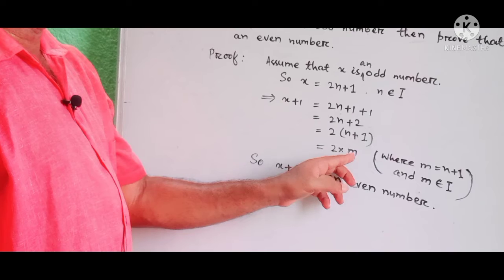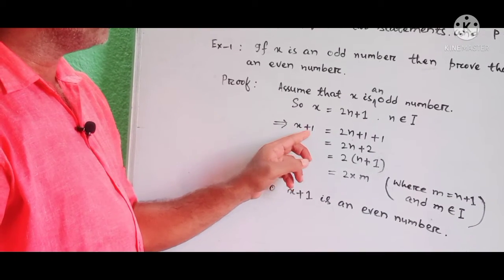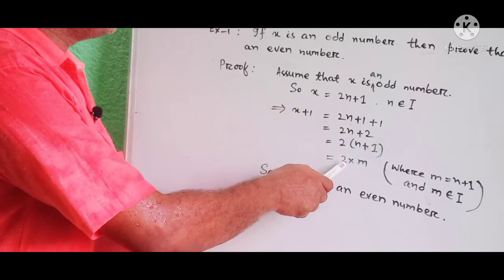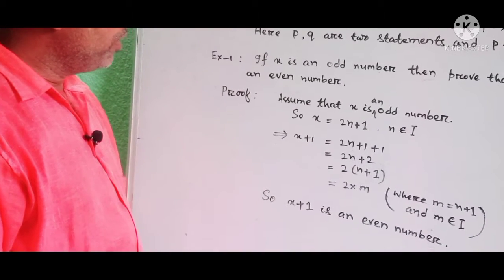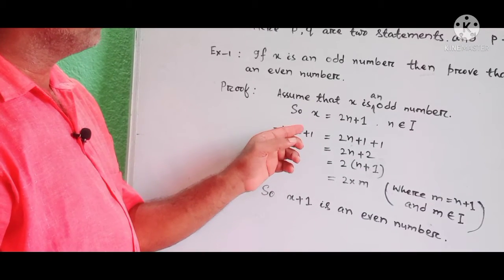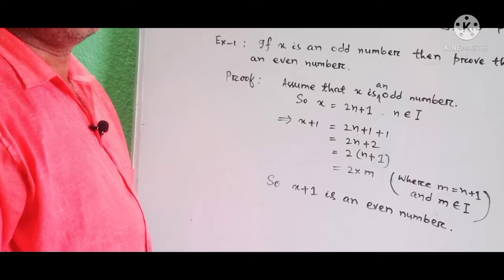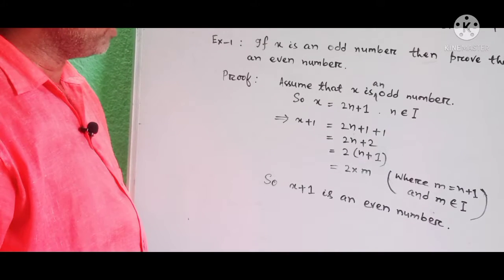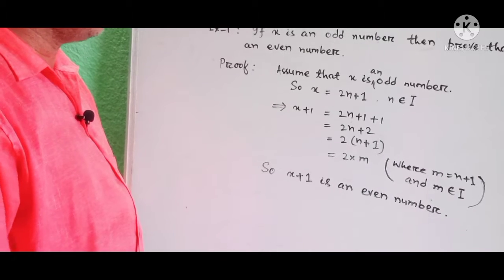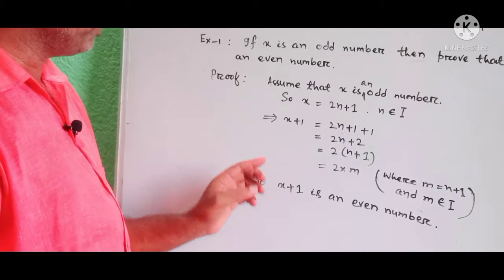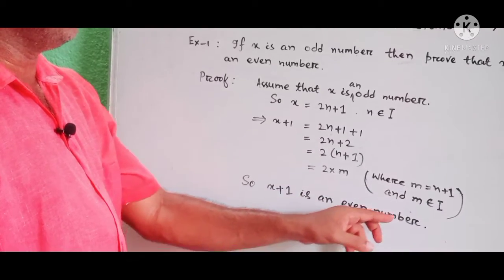So m is an integer. That means x plus 1 is written in the form 2 into an integer, so that expression is an even number. So x plus 1 is an even number.